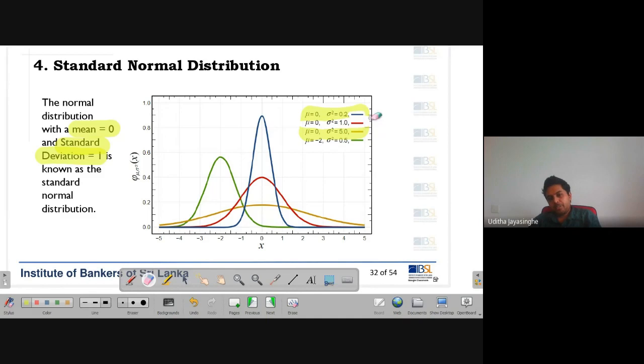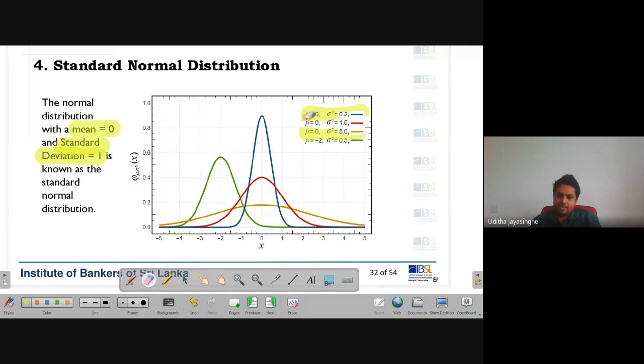So the kurtosis problem could be seen here. The same problem could be seen in this orange color one also. Why? Mu is 0, but the standard deviation is not 1, it is 5. It is very fatty. So both these curves also, students, we cannot define and conclude as a standard normal curve.